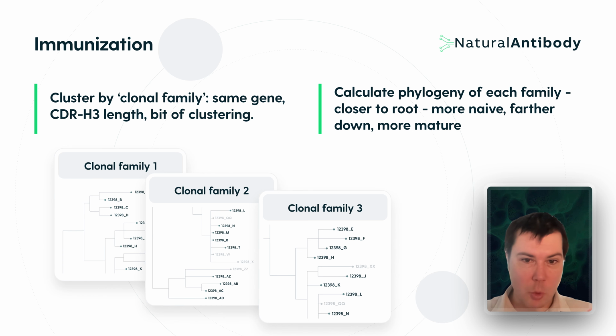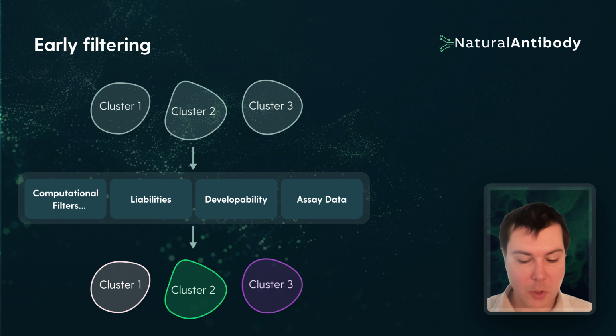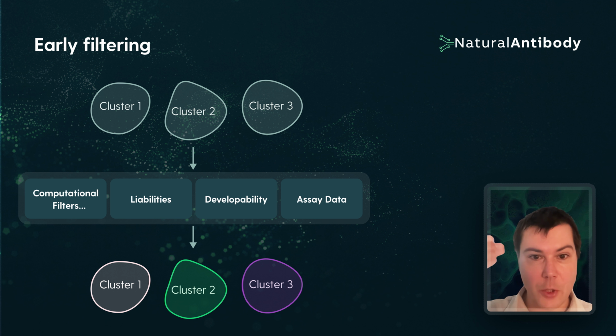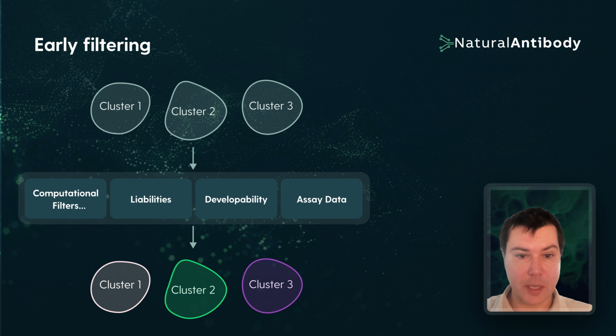These are the two ways that grouping of the sequences can be used to address binder selection, either from phage display or immunization. So another step that I mentioned is the early filtering. Some libraries actually already have this step coded in. So for instance, from Specifica, you have libraries that are devoid of liabilities.